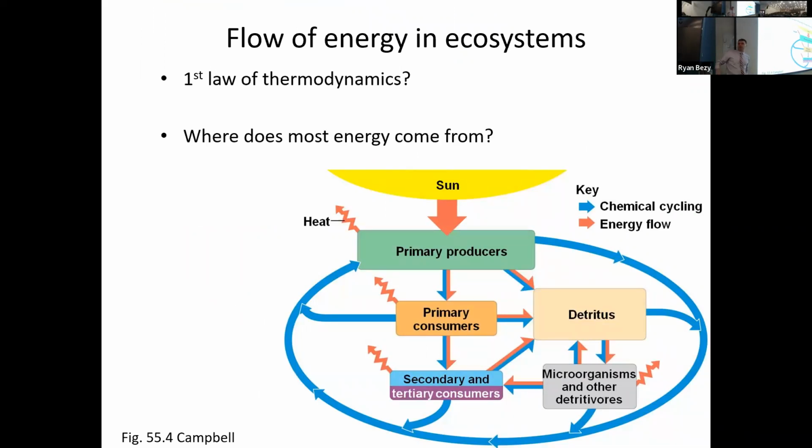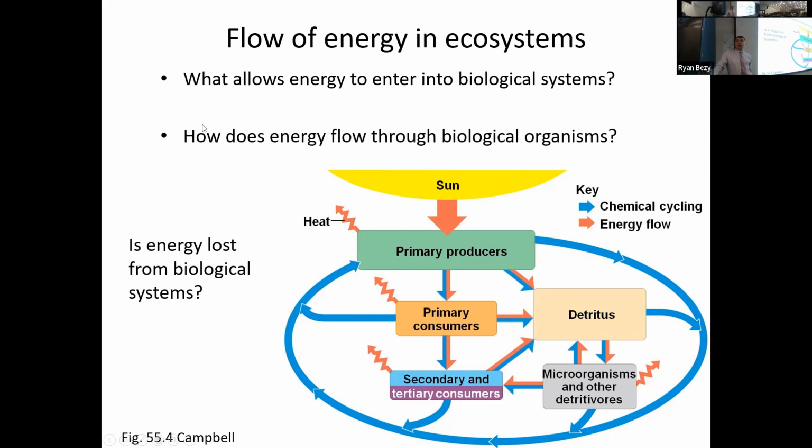All right, some things you guys should know, and I feel like I'm going a little slow today, but you should always keep in mind things like the first versus the second law of thermodynamics. You always have to keep in mind, where does most energy come from in the ecosystems? Usually, unless I say otherwise, we're going to be talking about photoautotrophs being the primary producers and sunlight coming in. What allows that energy to enter into biological systems?